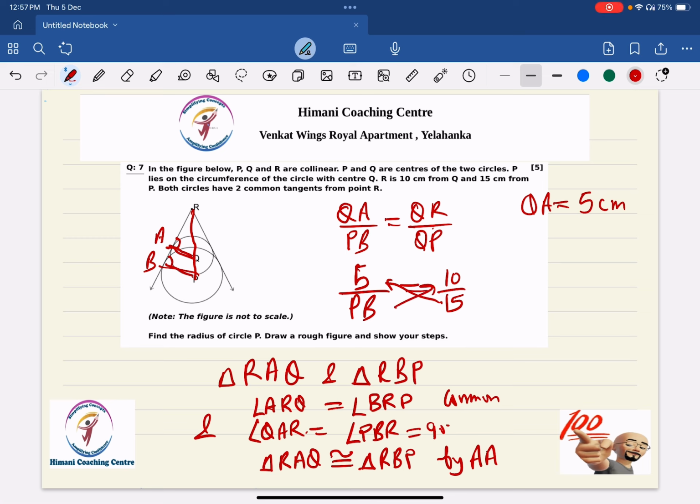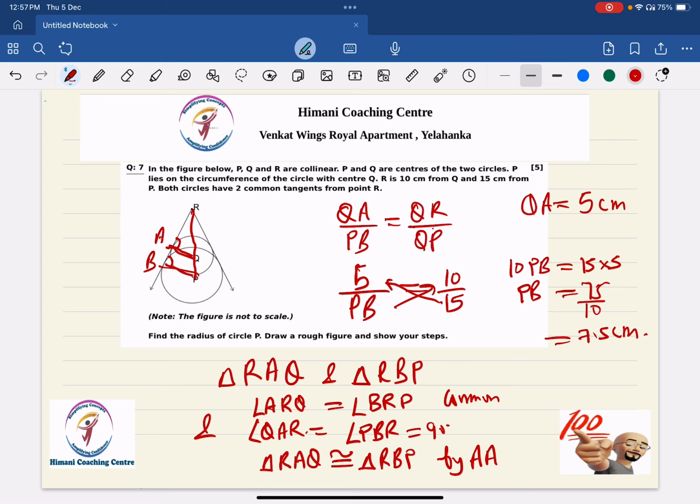We can do cross multiplication, and 10 times PB is equal to 15 times 5, which is 75. So PB is 75 by 10 or 7.5 centimeter. This is how you will be solving the question.